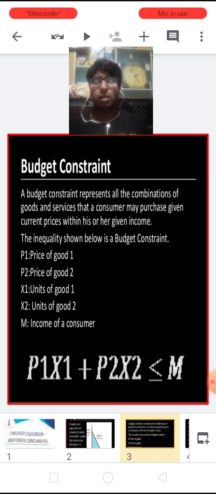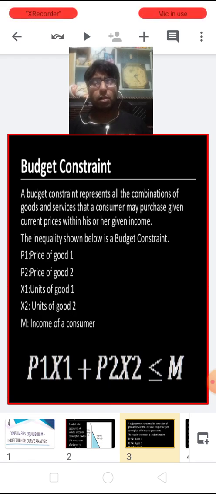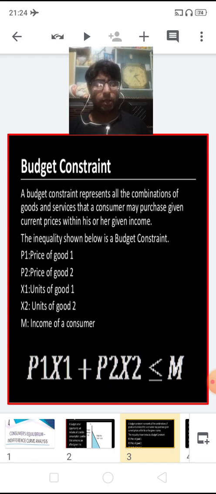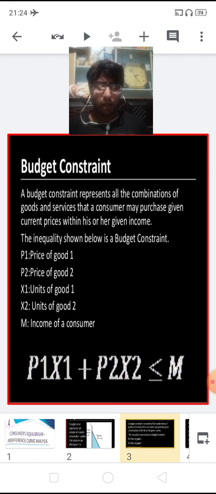So, suppose the consumer has to buy two commodities, let's say good X and good Y. The price of good X will be denoted with PX, and the units of good X is denoted with X1. Similarly, the price of good Y is denoted with PY, and the units of good Y is denoted with X2.